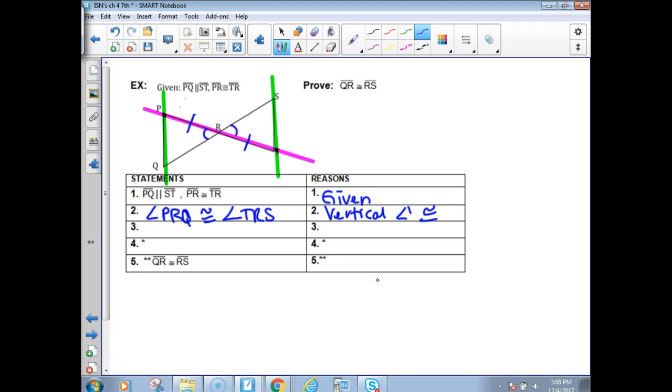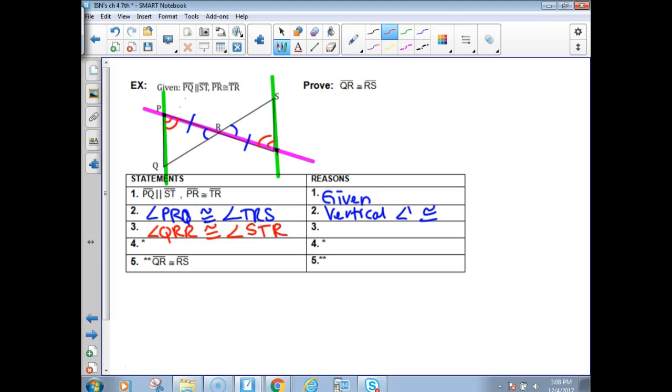All right, so now where can I get some more angles that are congruent in the triangles? Where are they? Can you tell me a name for one of them? Okay, so up here, angle QPR is congruent to angle, you said STR.